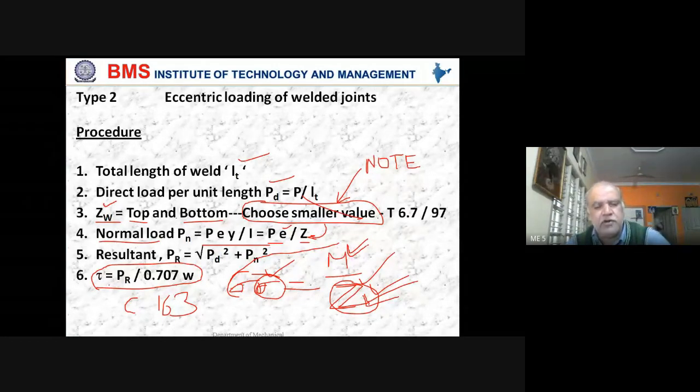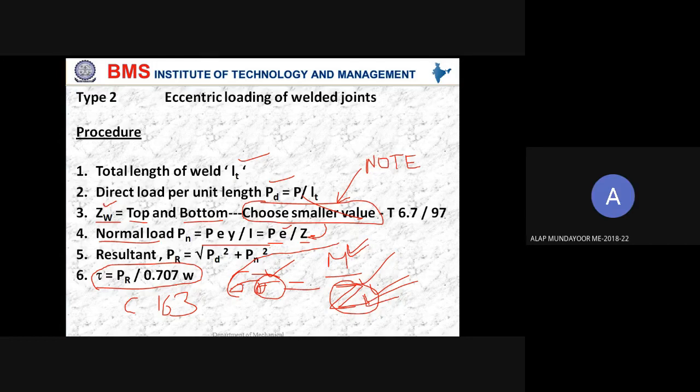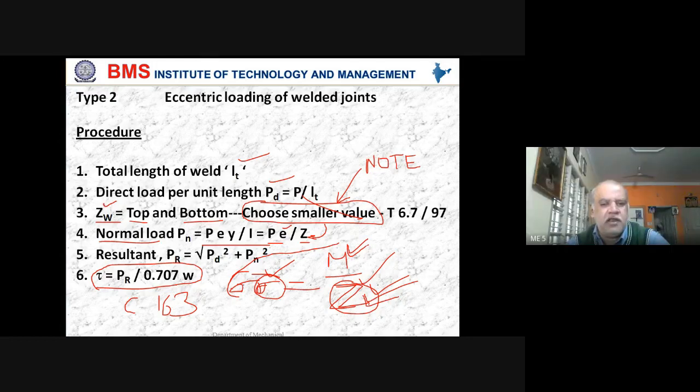And I'll tell you one more thing. What we normally assume in any law is the material to be homogeneous, correct? But as we go higher in the subject, Norton, who is the number one in the world for design, says no metal on earth is homogeneous.